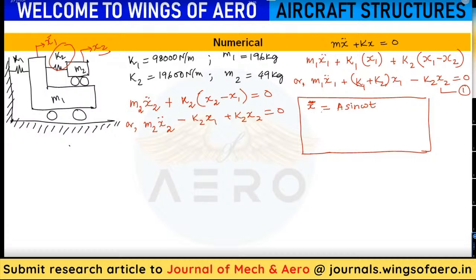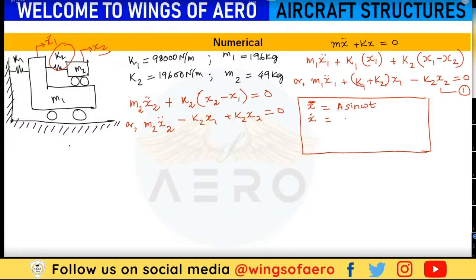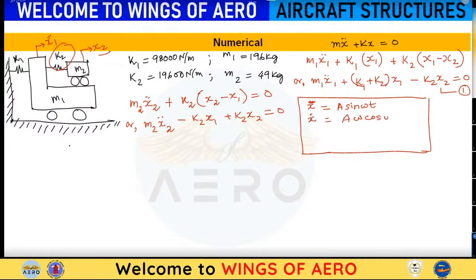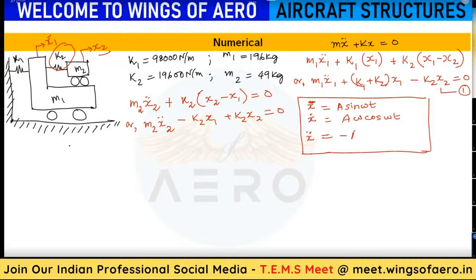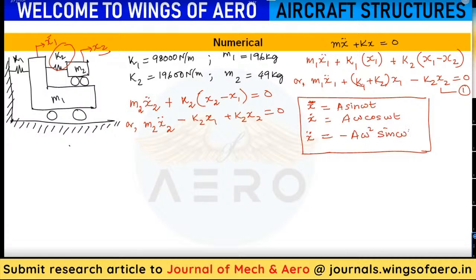Now if x is a sine omega t, then x dot will become a omega cos omega t. Then if you further differentiate, differentiation of cos omega t will come minus a omega square sine omega t. You will get this.